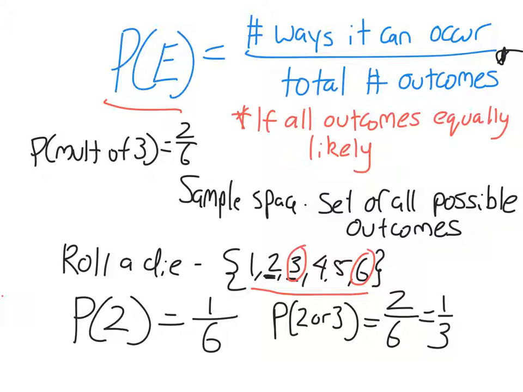So I should tell you at this point that all of this stuff we're doing at the moment is theoretical probability. So this is basically what should happen. So when I say the probability that I get a multiple of 3 is 2 out of 6, or 1/3, that means that 2/6 or 1/3 of the time I expect that I'll get a multiple of 3.